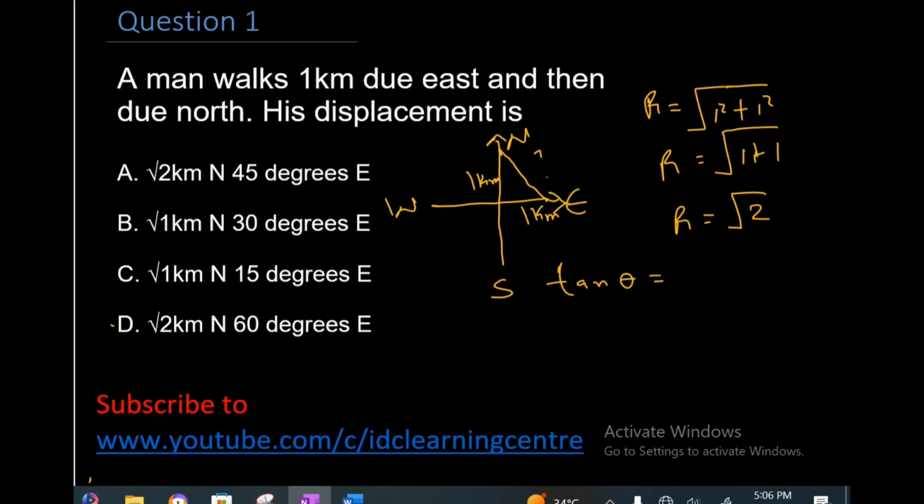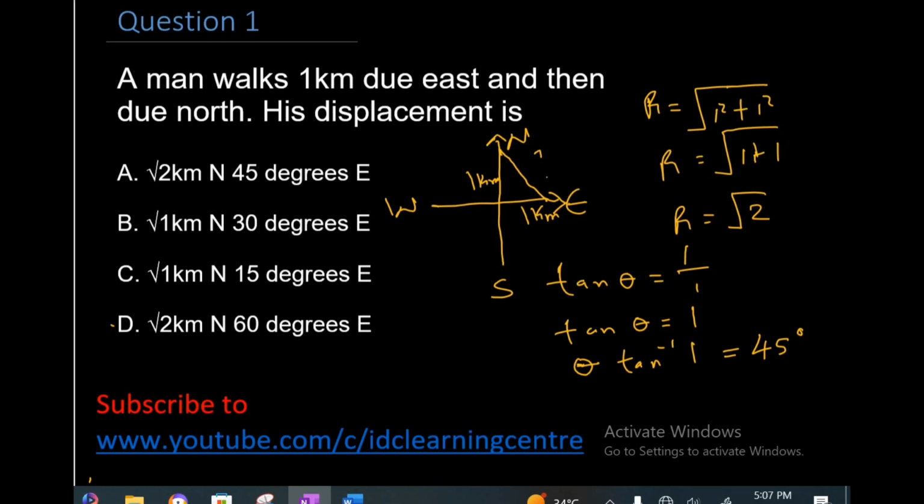Tan theta equals the opposite over the adjacent, 1 over 1, so tan theta equals 1. To find theta, we find the tan inverse of 1. When you do this, you have your answer as 45 degrees.